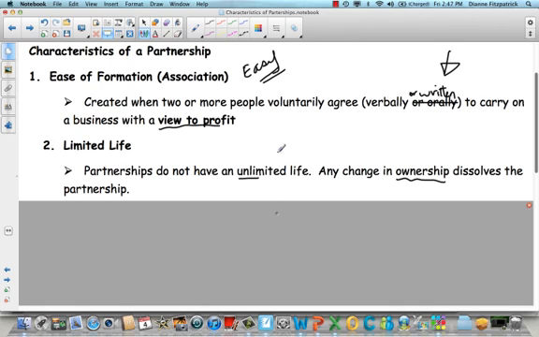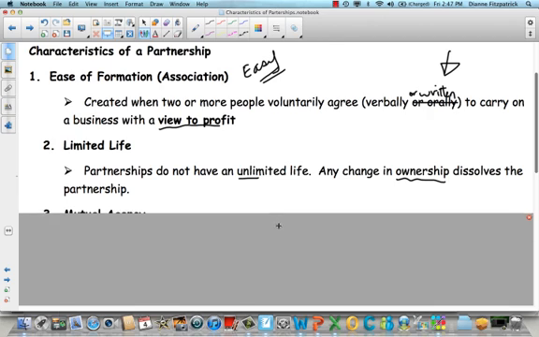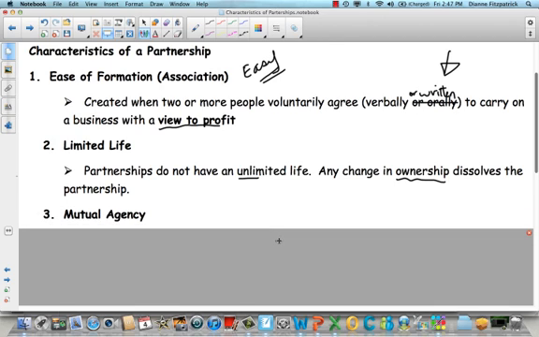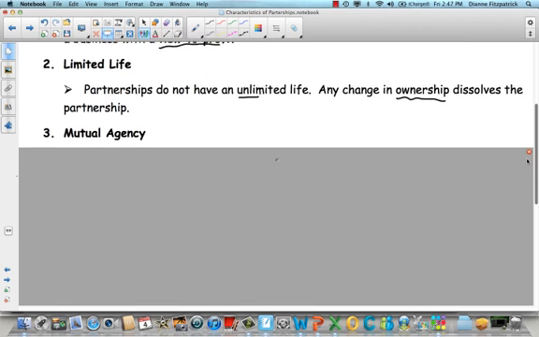So if you and I are partners and I decide that I don't want to be partners, the partnership is dissolved. The reason why this is important, the limited life, sorry, let's go back to that, is that in a corporation, if one of the shareholders or owners decides to sell their shares, the corporation still goes on. So that's why it's important to say that.